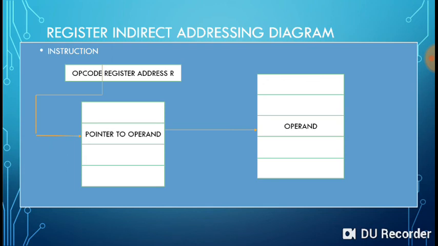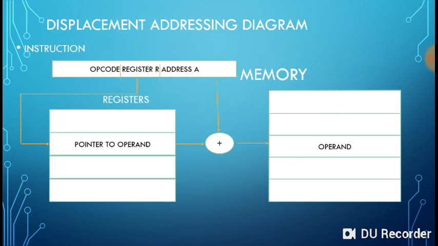One more thing here. The last, second one is the displacement addressing method. When the processor implements this method of addressing the operand, the instruction has the register R and address A, where the register holds an address, and that address is the pointer.